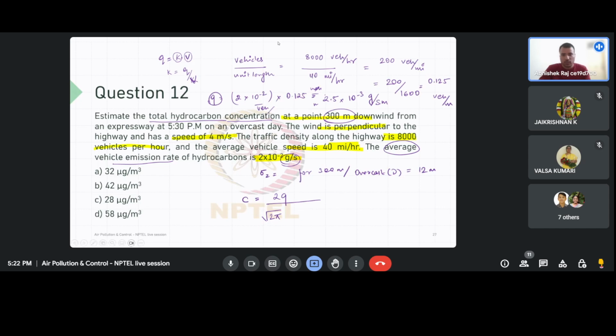And then we will divide this by sigma z and the average wind speed U. Let's do this quickly. So this will come out as 2 into 2.5 times 10 to the power minus 3, over root 2 pi, sigma z is 12, and U is given as 4 meters per second here.